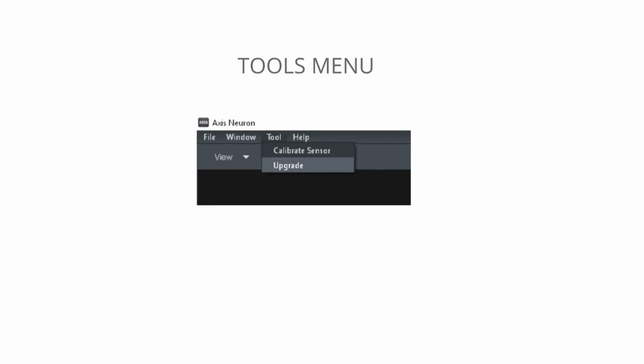So what is today's video topic? Today's video topic is the tools menu. Many of our users have used Access Neuron for quite some time and might not know how to use the tools menu. Actually, the tools menu is a very powerful option inside of Access Neuron that allows you to do multiple things, many of which help you get the best motion capture possible.